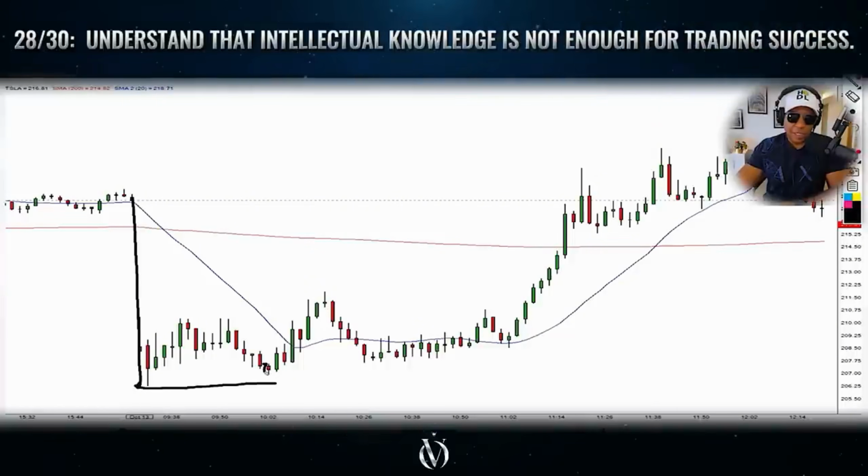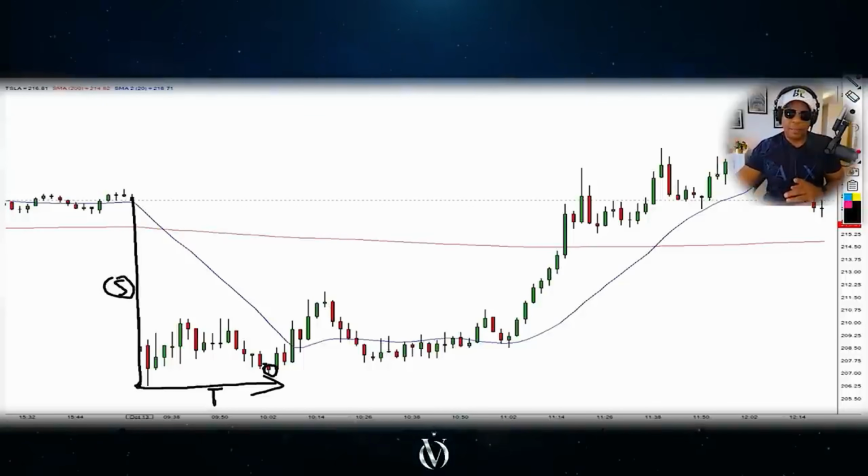So here, this attempt, the time is too short, right, for the space. The time is too short, guys, for the space. Do you follow what I'm saying? And so this move up is likely not to be real.